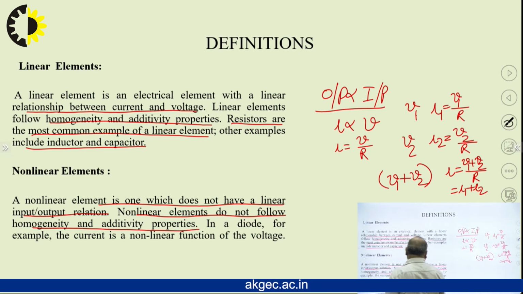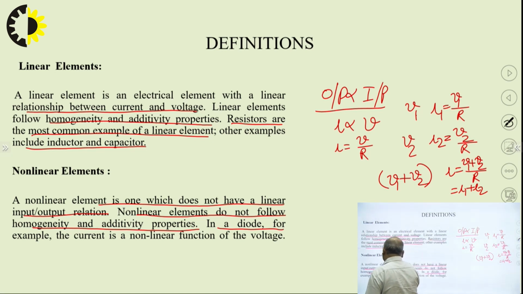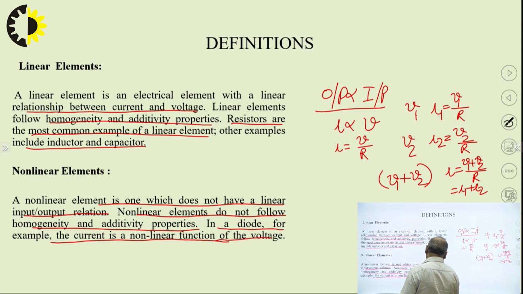For example, a diode has no linearity, since current is not directly proportional to the voltage applied across the diode; it is a non-linear function of the voltage. That is why a diode is an example of a non-linear element. So we may have linear elements as well as non-linear elements connected in the circuit.